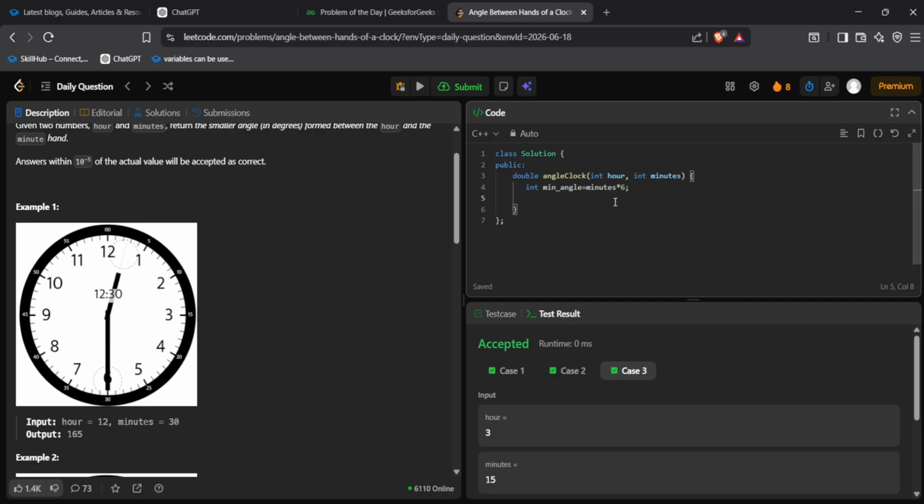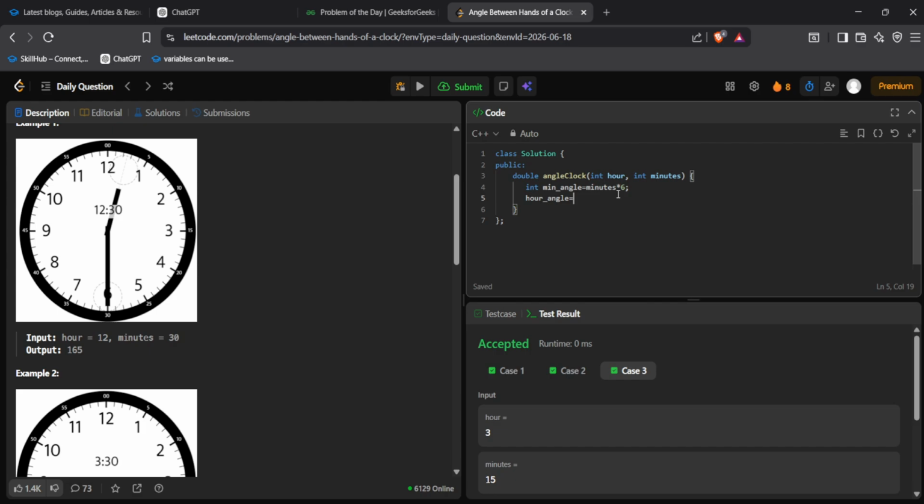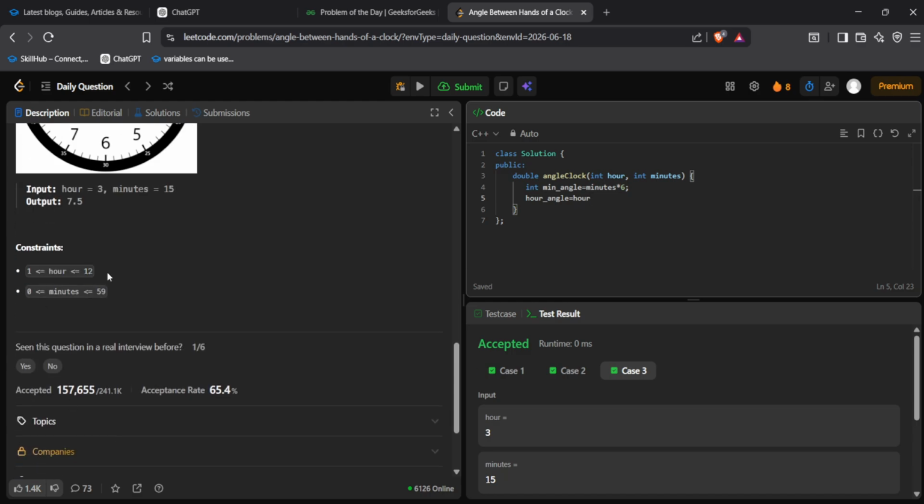Similarly for the hour hand, let me write the hour angle. The hour value goes from 1 to 12, so if I subtract hour minus 12, it will tell you where the hour is, but it can also give a negative.